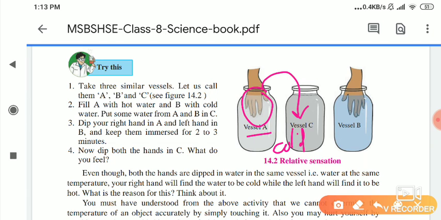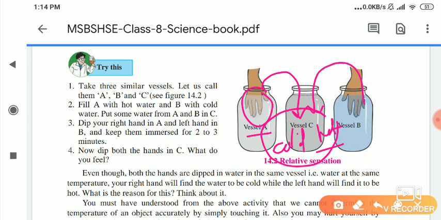And the hand which you kept inside vessel B, if you put this hand into vessel C, you will feel the hot. Temperature is same, but one hand feels the cold and another hand feels the hot.